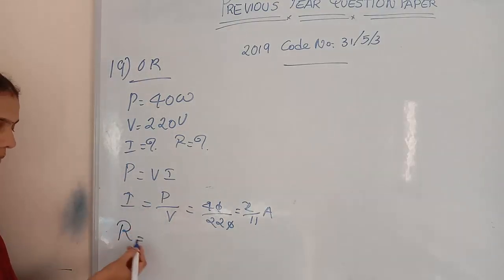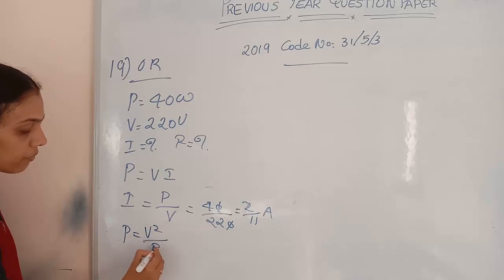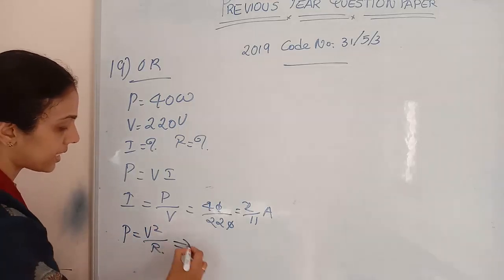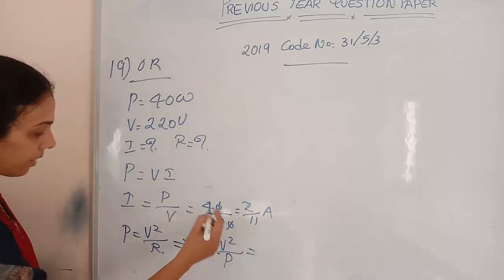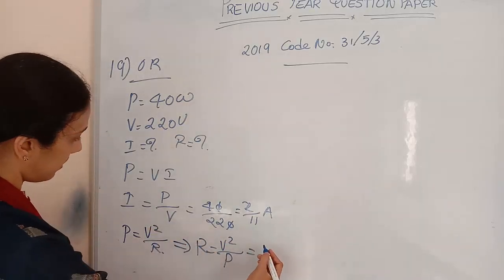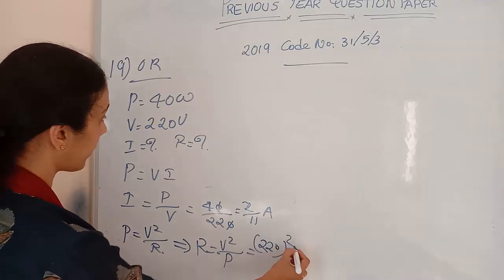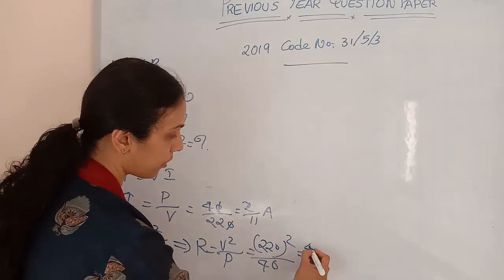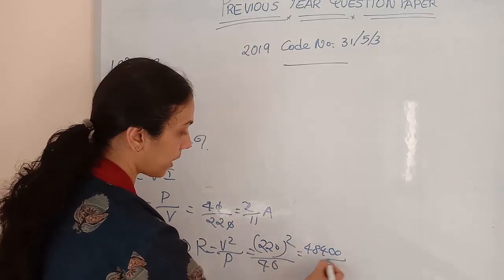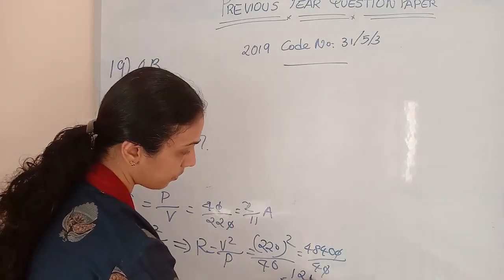You can use any one of the formulas, say P equals V square by R. If you use that formula, you will get R equals V square divided by P. V square is 220 the whole square divided by P, which is 40. So it is 48400 divided by 40, that is 1210.